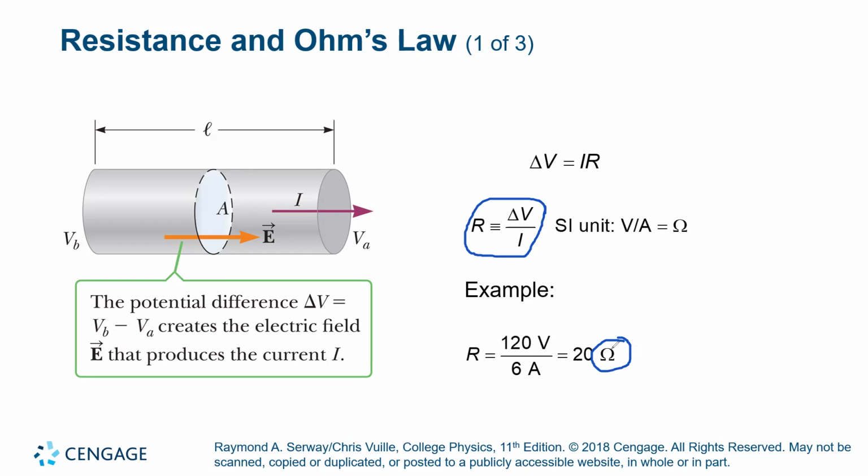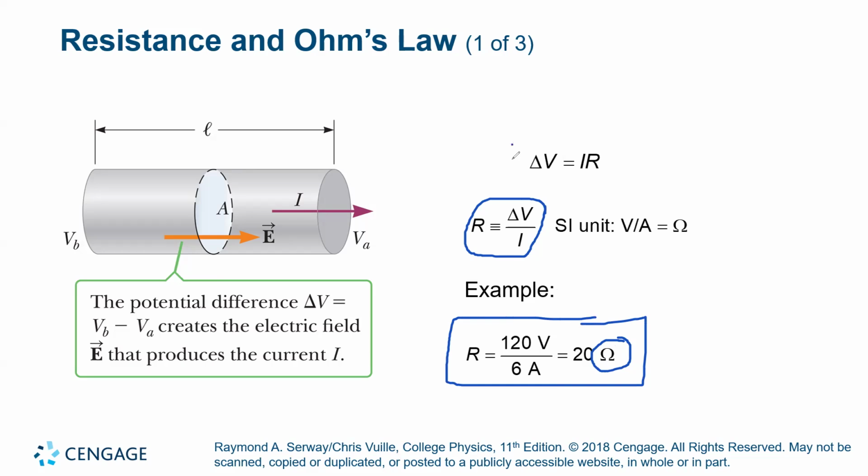A 20 ohm resistor means that it takes 20 volts to get 1 amp through that piece of material. That's 20 joules for every coulomb of charge to get 1 coulomb to flow every second. And in this example, if I have a 6 amp current, I'd need 120 volts.